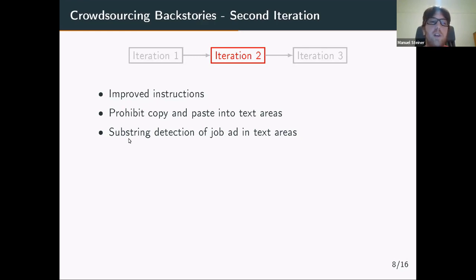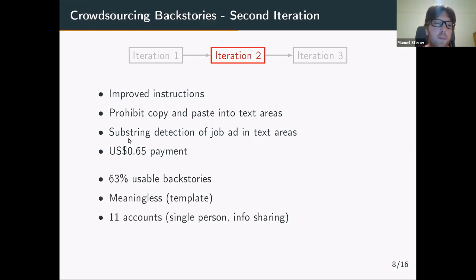And we also employed a substring detection of text entered into the backstory input area to prohibit submissions that would just be text present in the job ad. Based on the workers' feedback, we increased the payment to $65 per task.